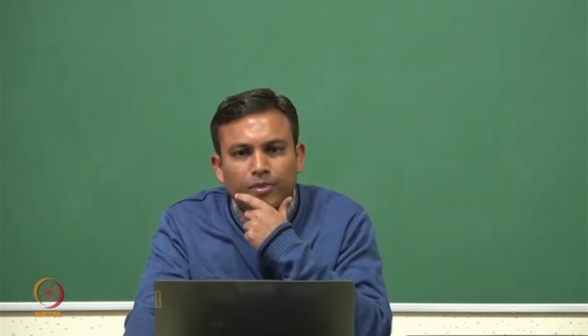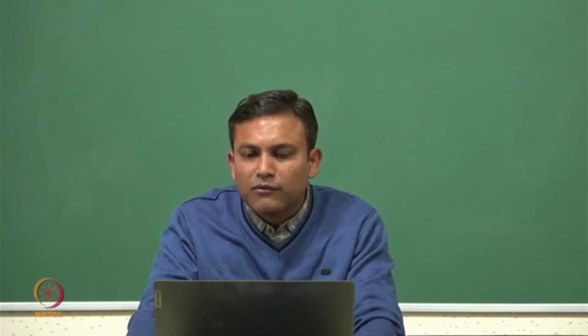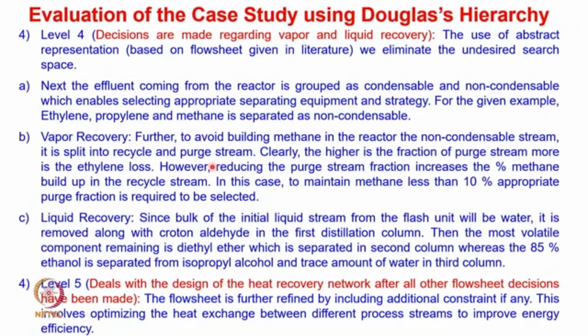first split by using a splitter, and in the splitter we can have two fractions. One fraction will be purged, whereas the other fraction will be recycled back to the reactor. So in this case you can see that the maximum amount of methane which can be built up in the reactor is given as 10%.